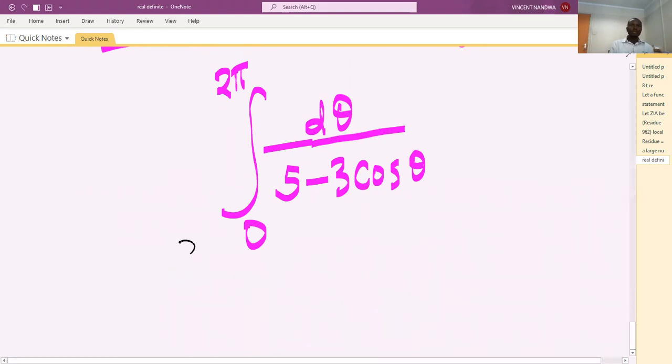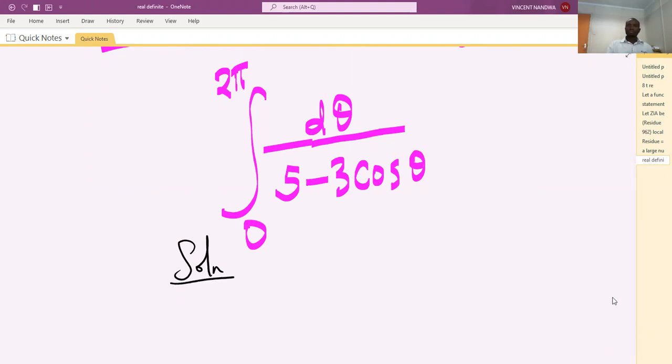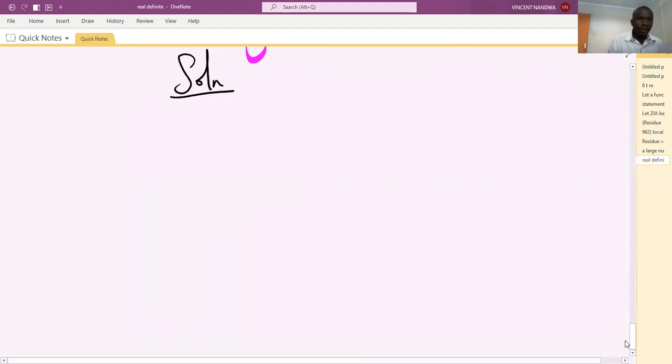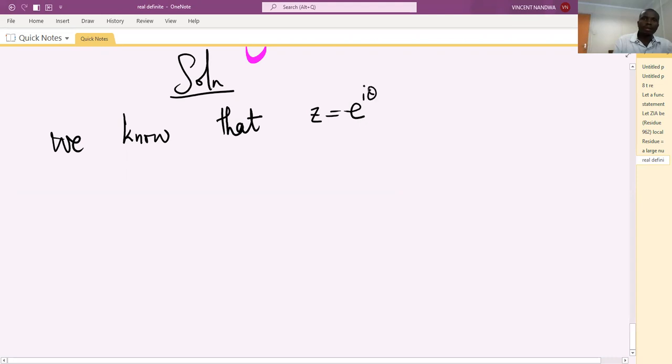So, solution. We know that z is given by e raised to the power i theta on a unit circle.